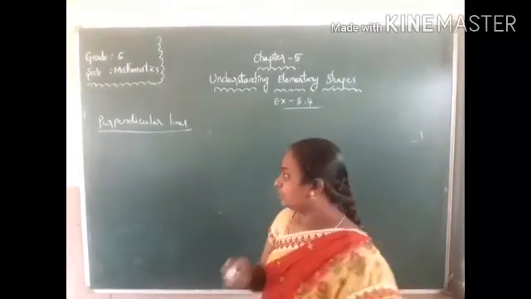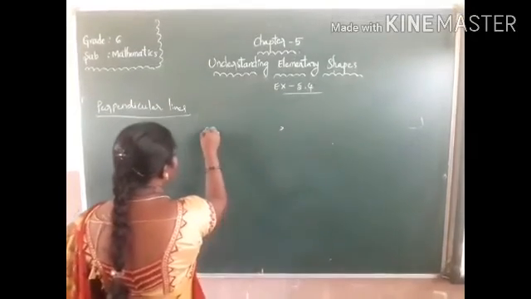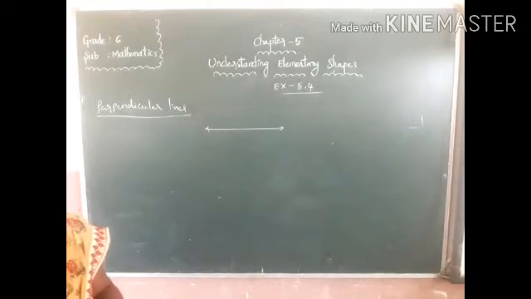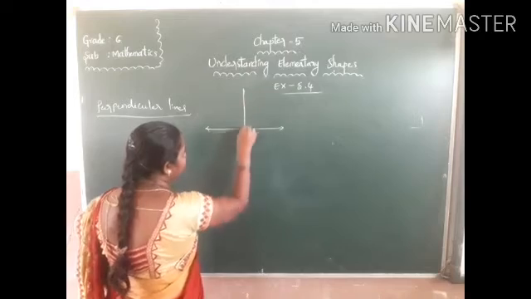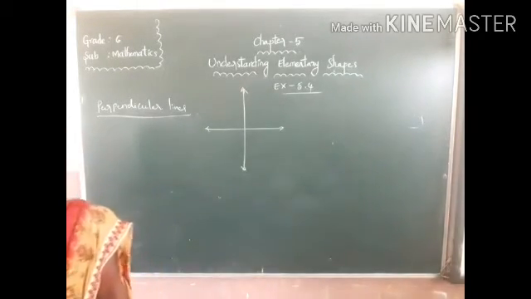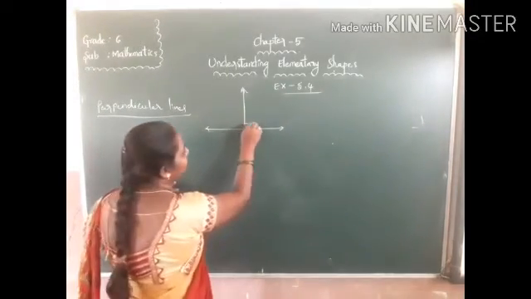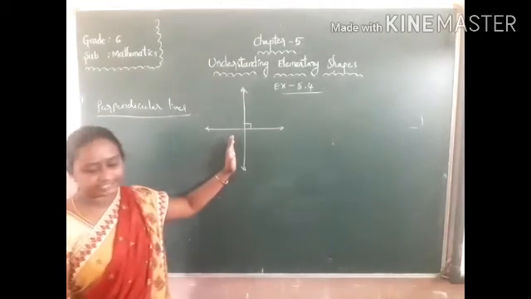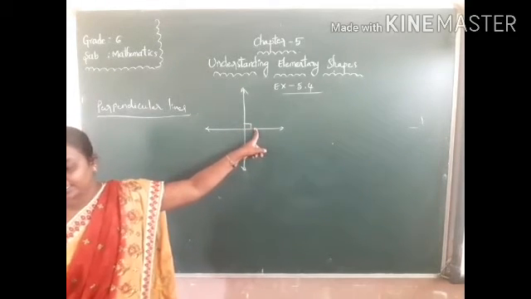That means observe carefully: if two lines intersect, the angle between them is a right angle.